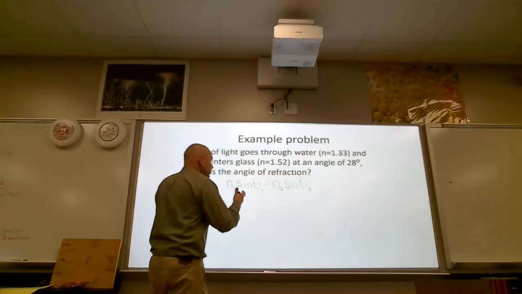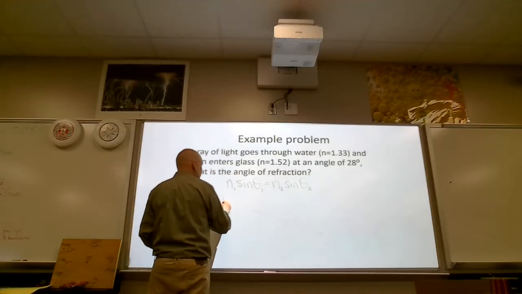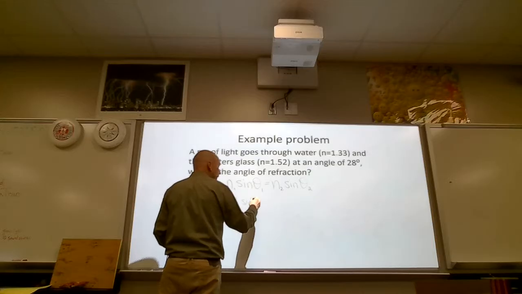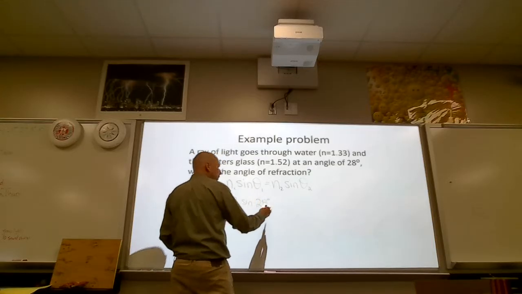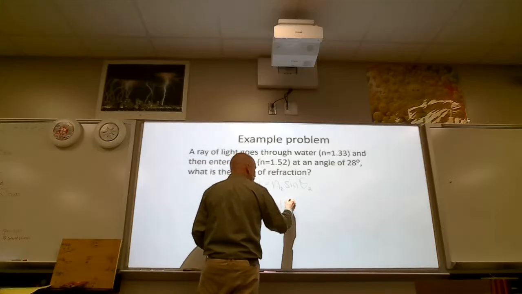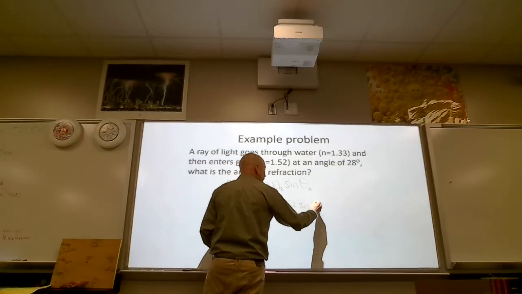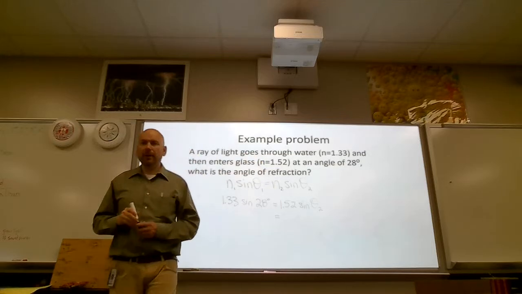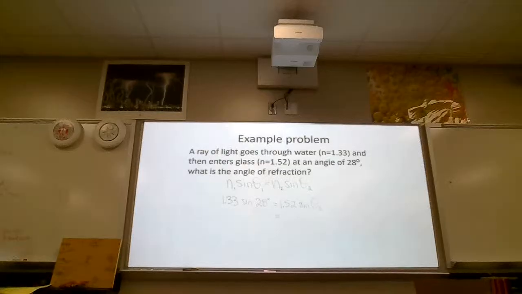Pretty straightforward. The index of refraction I start in is water, so I have 1.33 sine of the incident angle, 28 degrees. That's theta 1. I end up in glass, and I'm looking for the angle of refraction. Make sure your calculator is in degree mode. I'm just going to math this out on the calculator.